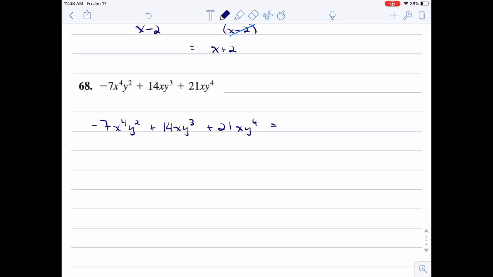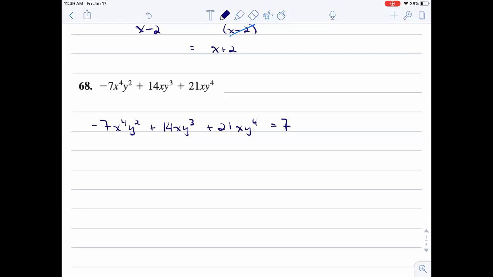And so what we're going to look at is for each of these terms, the coefficient in front, we can usually pull out a common coefficient. And so if we pull out a common 7, that's going to deal with our coefficients. But then I'm also going to look at, okay, what's my highest power of x here? It's 4, x to the power of 1, x to the power of 1.